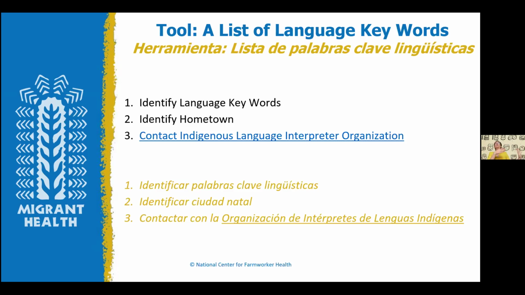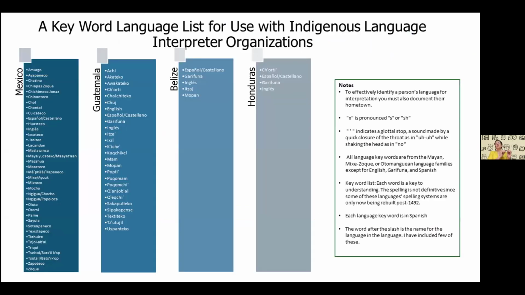So they won't know how to get you a good match for that interpreter, for that patient, because with the hometown, they can figure out using their network exactly which variant of that language they need. So find the language keyword, document the hometown, and then reach out to the Indigenous language interpreter organization.